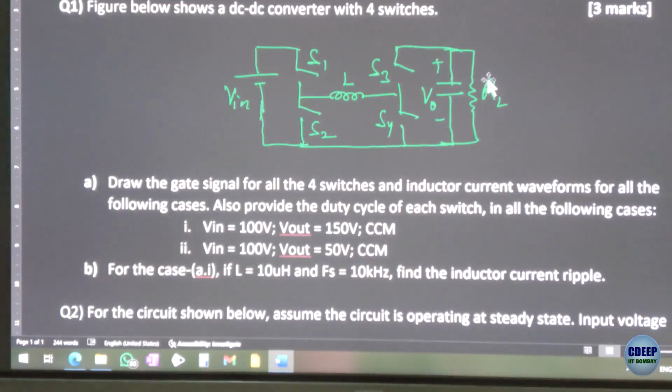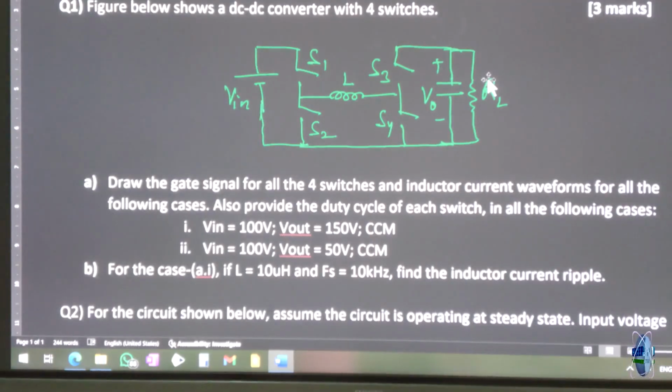Question 1, do you have any doubt? The figure shows a DC to DC converter. Now what is this circuit called? Everyone knows this is called a buck boost. Non-inverting buck boost, the same as buck boost.